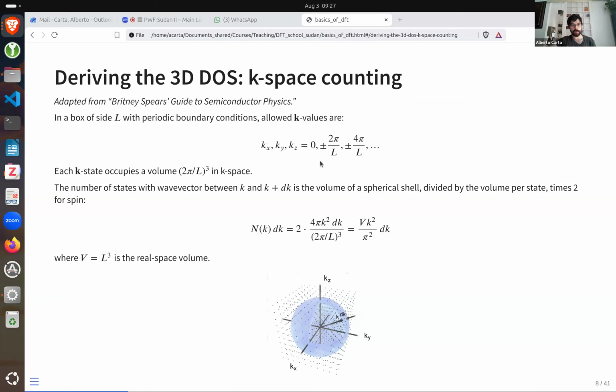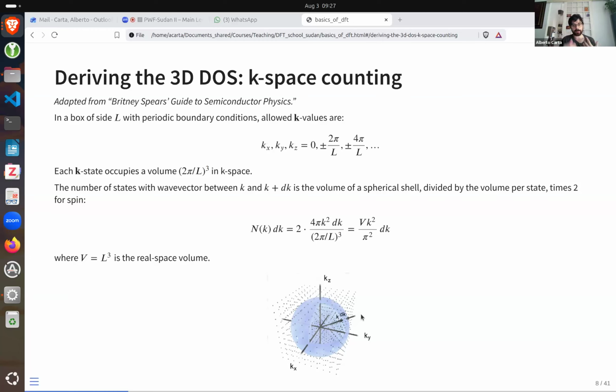Since we have this big box, we need to count how many available states we have in every part of the space. The thing I want to consider is a sphere in k space of radius k.